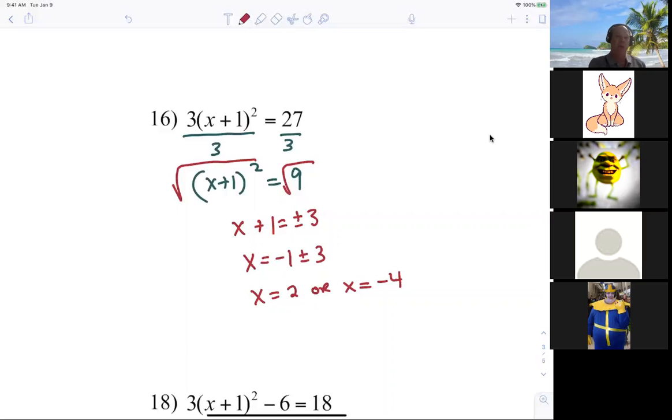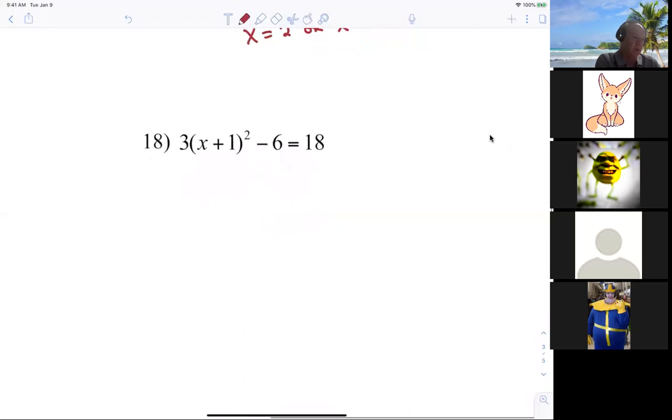All right, now again, these are the hard ones because you have to make decisions on how to solve a quadratic. And there's not just one blanket way of here's how to do it. You have to think about what's the best way to do it. Just like number 18 now. All right, there is a square term here. All right, so we're going to isolate the square term.